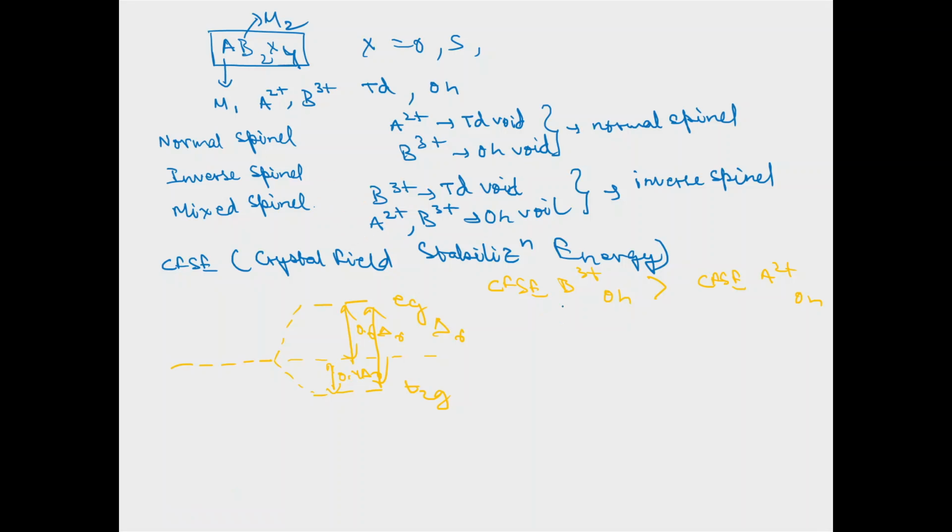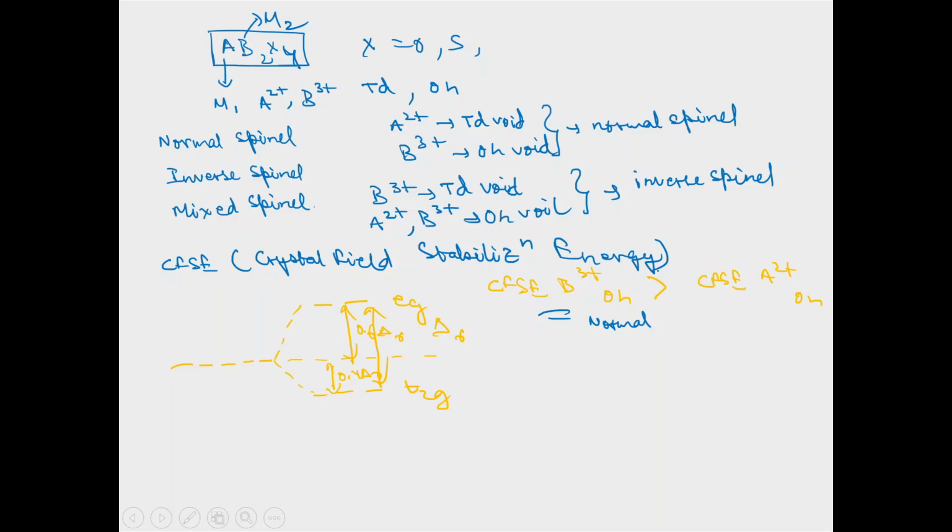If the case is reverse, that is, if the CFSE of the A2+ octahedral complex is higher than the CFSE of B3+ octahedral, then we will get an inverse spinel structure.